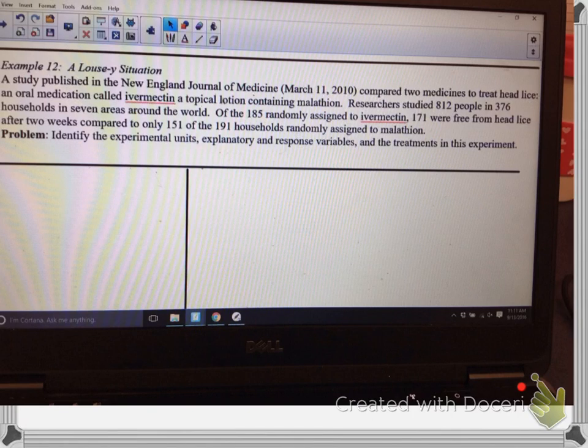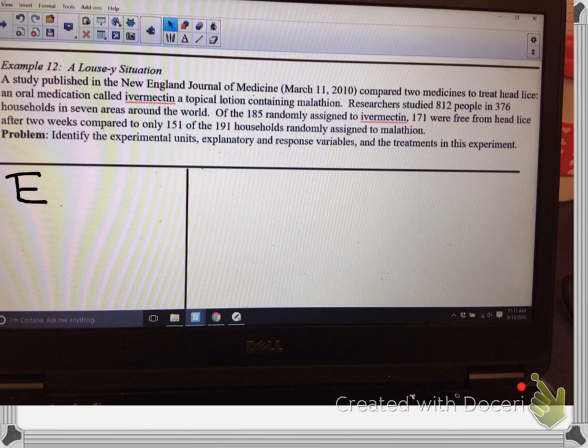Of the 185 randomly assigned ivermectin, 171 were free from head lice after 2 weeks, compared to only 151 of the 191 households randomly assigned to the malathion. Okay. Identify the experimental units, the explanatory and response variable, and the treatments in this experiment.